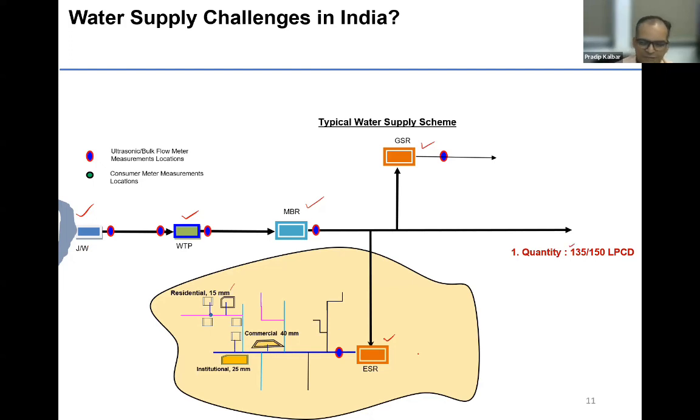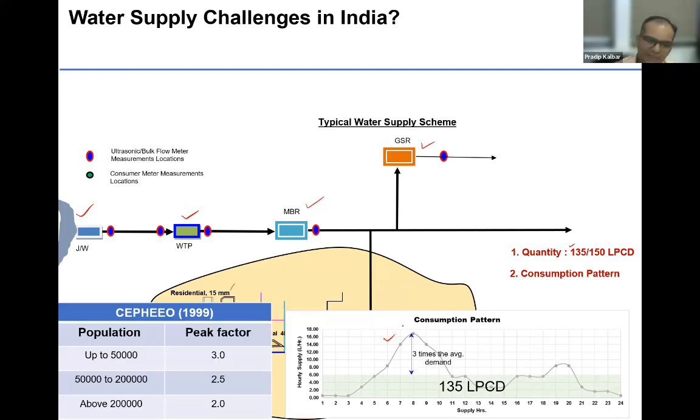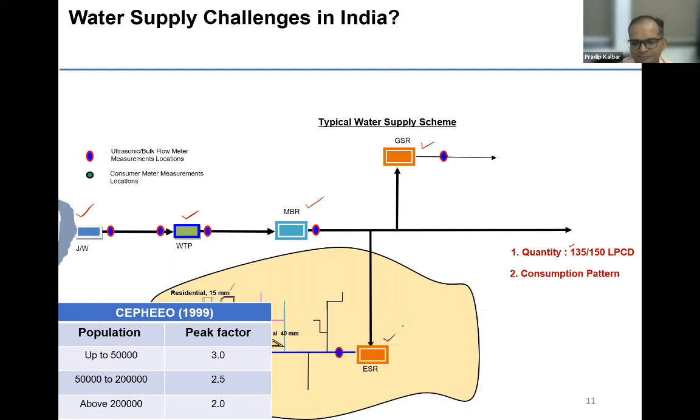For rural areas, it can be 70 or 55 in Jal Jeevan Mission. So one is quantity, and the other is consumption pattern. Right now, the design assumes a consumption pattern typically like this, which will allow water to be drawn in a peak hour, but this never gets realized. That's the whole tricky part of the design. Although we design in this manner, it never gets realized on the ground. Why, we'll see in some time.